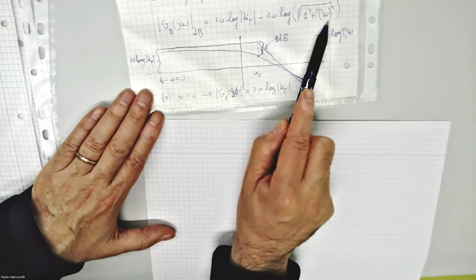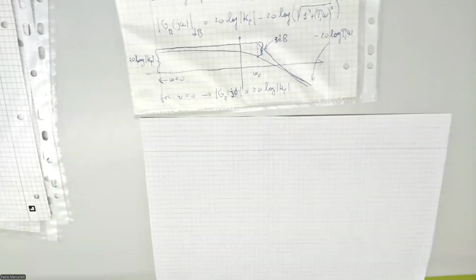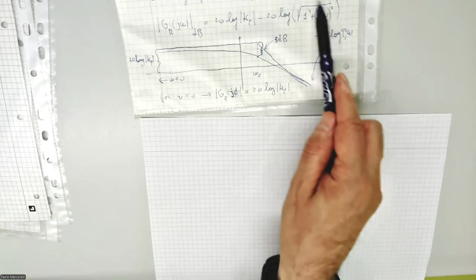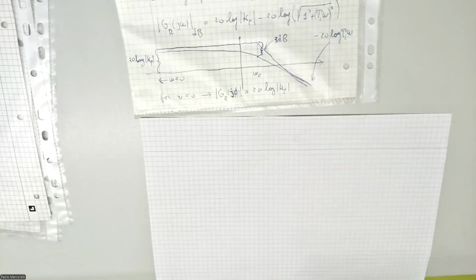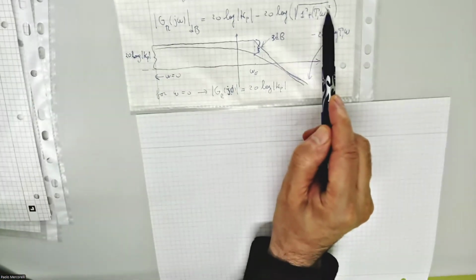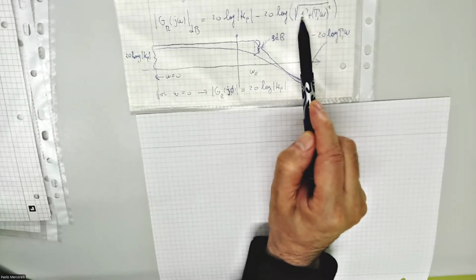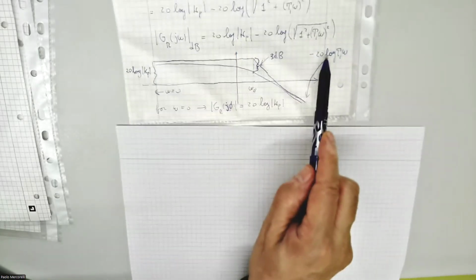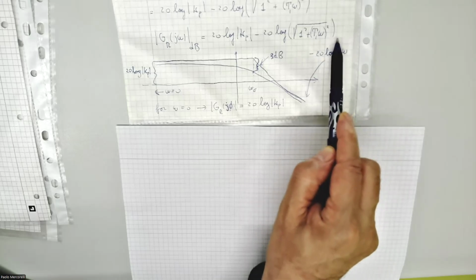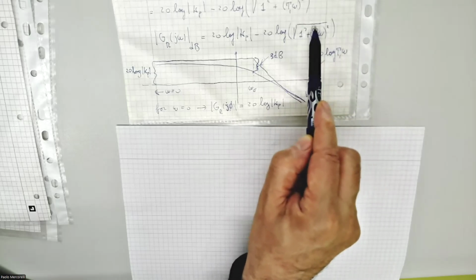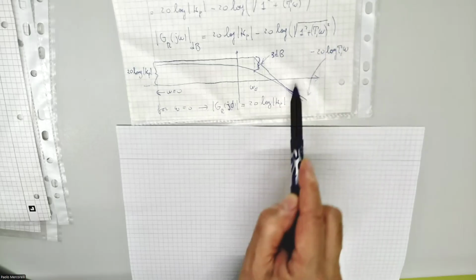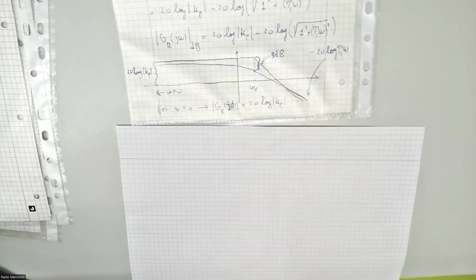Because a logarithm is a monotonic function, with omega larger and larger we will have a larger element. Moreover, this element will dominate over this one. This means I can calculate this one, and what remains is this. Why that? Because we have a root of T1 omega squared. This means for omega large, we will tend to this one.